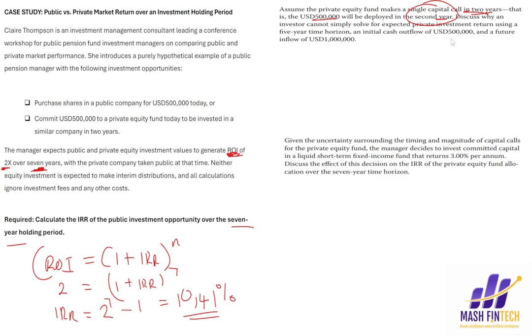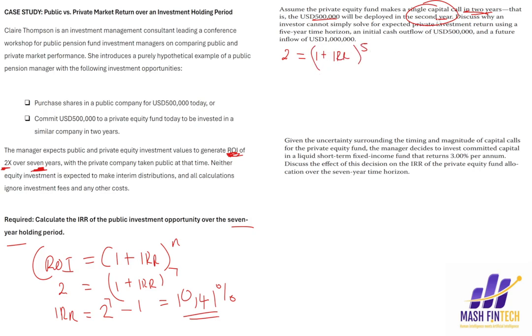So it will go from 500,000 to 1 million in a period of 5 years, right? So to calculate the internal rate of return in this instance, what this person might do would be to take this return on investment and equate it to 1 plus the internal rate of return, and then raise this to 5 years, right?